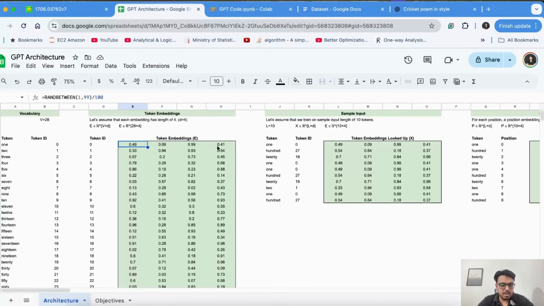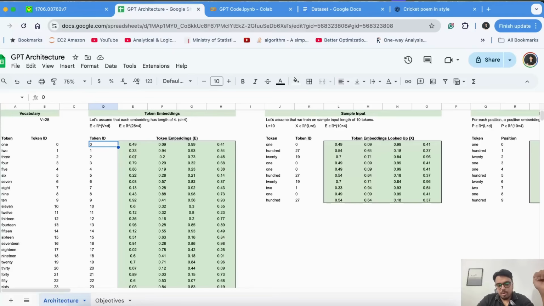And these numbers that you see over here are the weights that get updated during the training, so that each token can have some meaning to it, and that the model usually understands during inference.